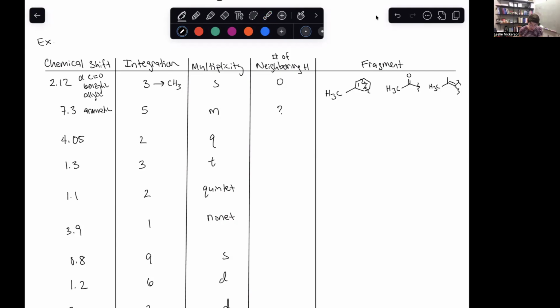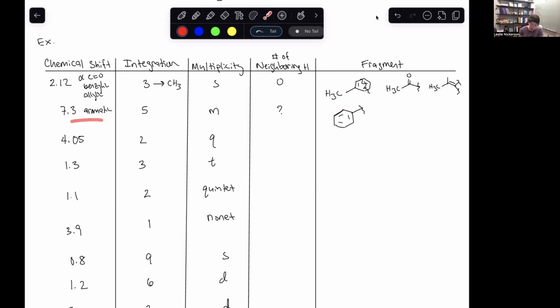It is unclear. But what it does tell us is as soon as I have that piece, I know that I have that fragment that I need to add in somewhere, okay? Because this has 1, 2, 3, 4, 5 protons on it. I would expect to have a lot of peak overlap with these aromatic protons.